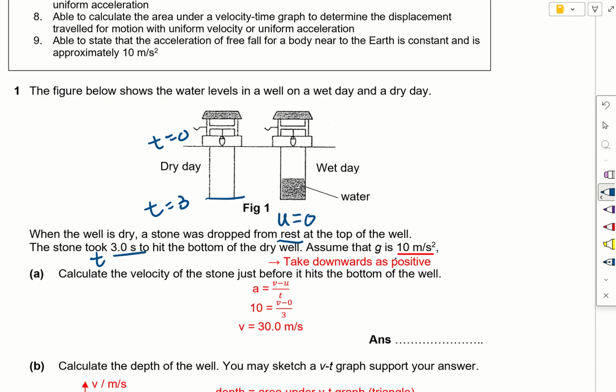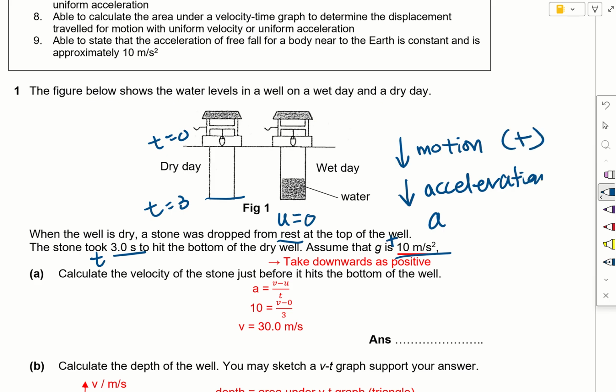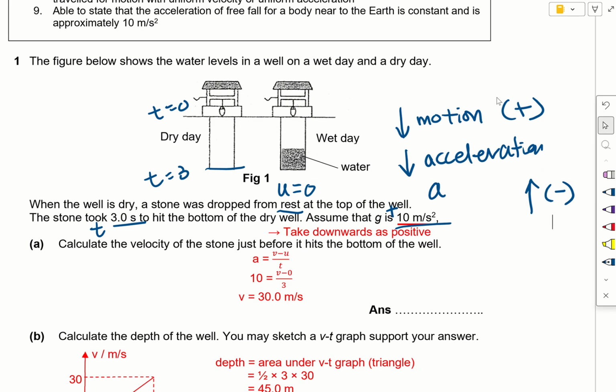Assume that g is 10 meter per second square, so this is actually the acceleration. And because the motion is downwards, and the acceleration is also in the same direction, and it's given a positive value of 10, so we can take downward motion as positive, and upward motion, although in this question there is no upward motion, we still can set the upward motion to be negative, because some students will be asking, do we set the downward motion as positive or negative?